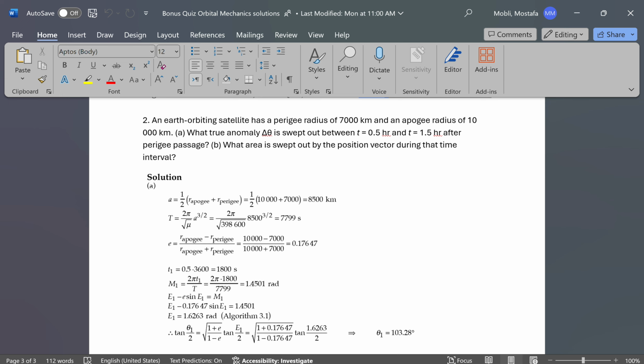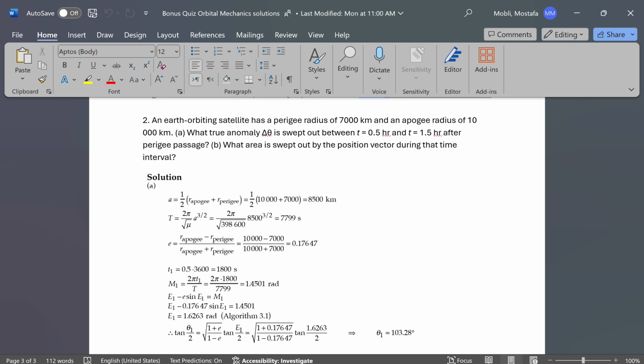Next step is to find the theta. What is the relationship between E and theta? What do we have in our lecture notes? What is the relationship between E and theta?